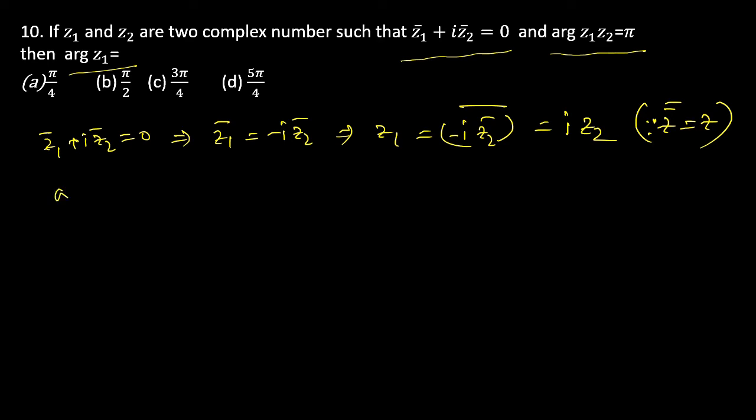Now argument of z1 z2 is pi. So argument of z1 is z1 means i z2, so we can put it i z2 into z2.